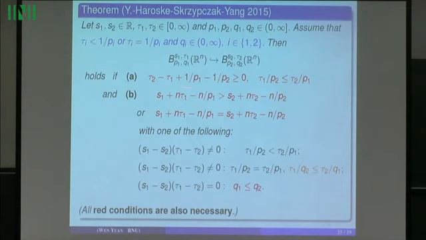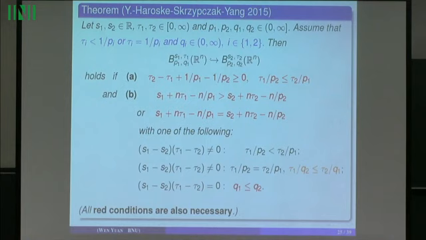It looks very complicated, but if both tau1 and tau2 are 0, then this condition just disappears, and the condition is just p1 less than or equal to p2, so it goes back to the classical Besov case. The second one is the condition for the smoothness order. In the limiting case, we need some additional requirement on tau1 over p2 compared with tau2 over p1.